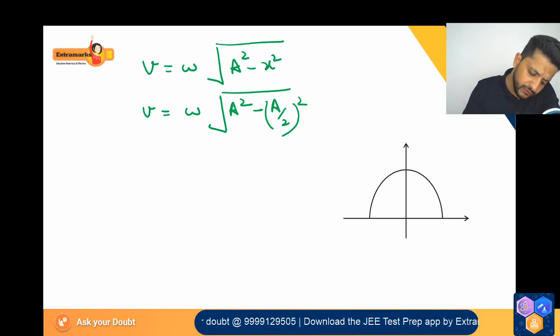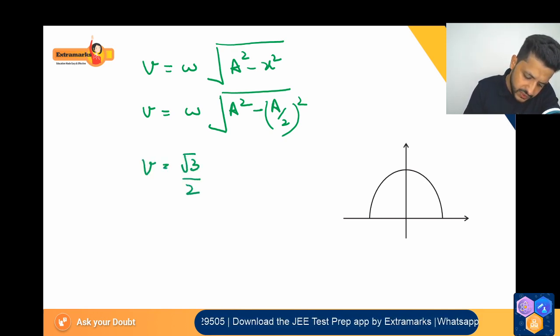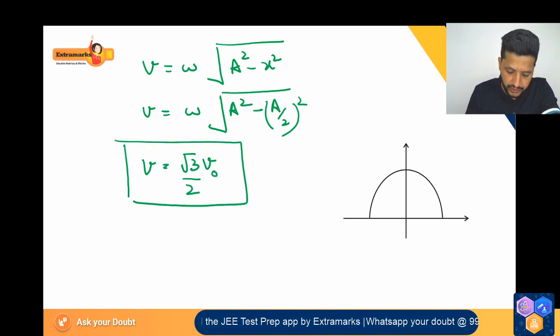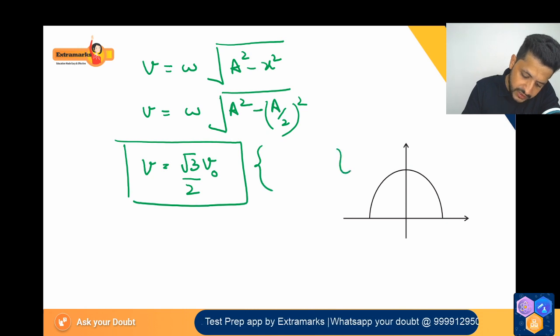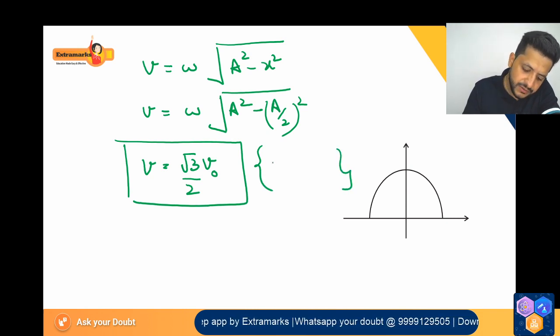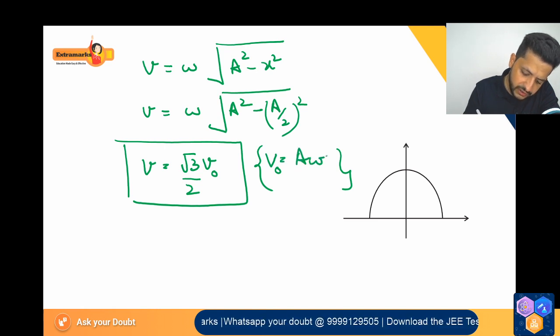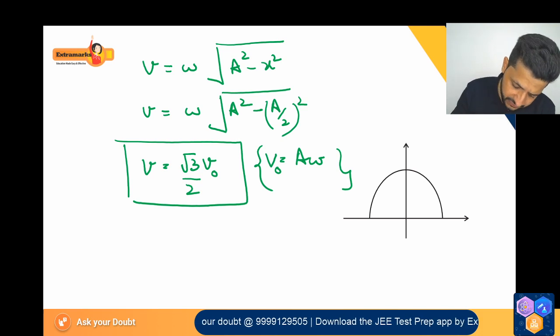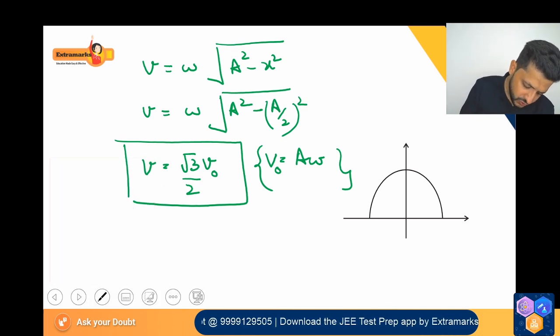Correct? Again you will find that the velocity is root 3 by 2 times V naught, the maximum velocity. Obviously we have done some substitutions, since we know maximum velocity is equal to A omega, which we know from our previous discussion.